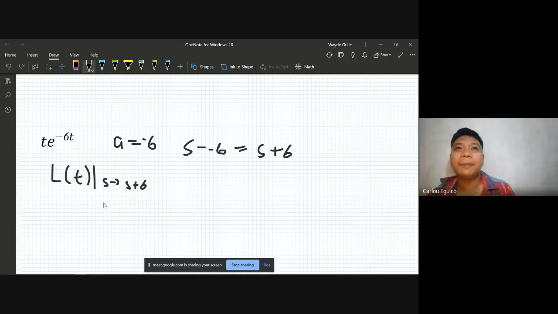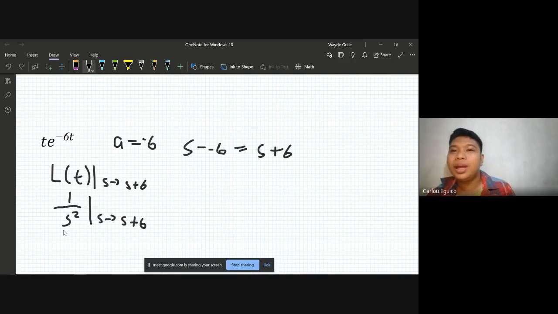So what is the Laplace transform of t? The Laplace transform of t is 1 over s squared. You know your Laplace transform values, they have their tables, so you're supposed to memorize that. Then parallel s plus 6.